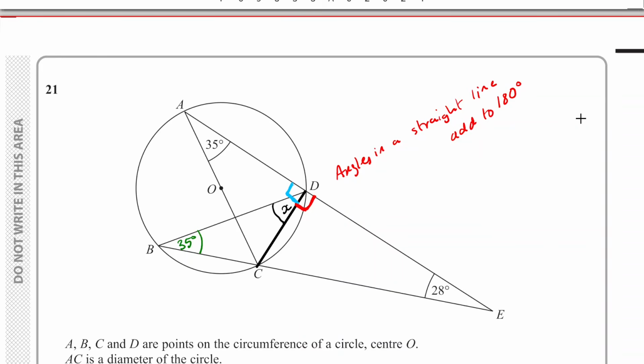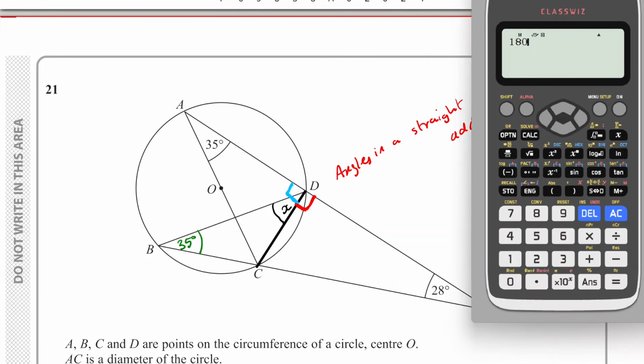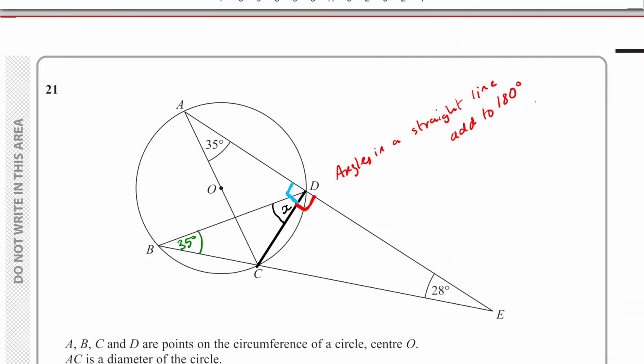We can use angles in a triangle. Angles in a triangle have to add up to 180 degrees. So 180, take away 90 and take away 28, leaves 62 degrees. And then for triangle ADC, same again.